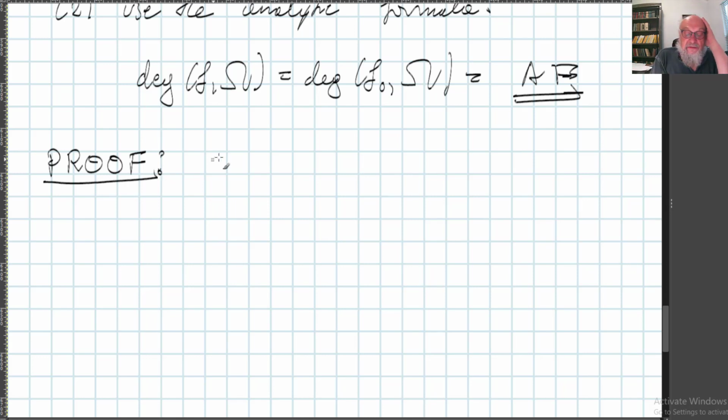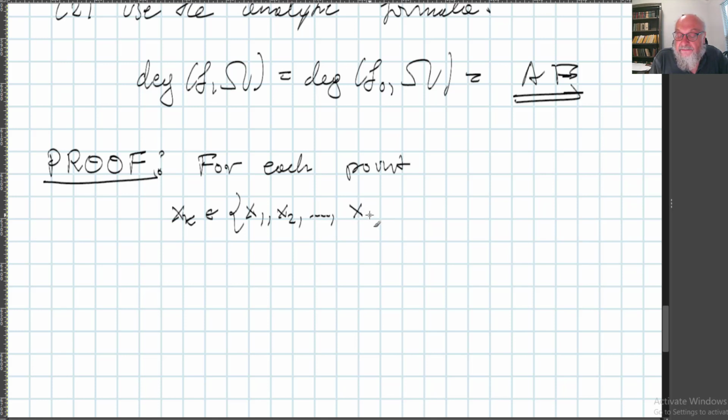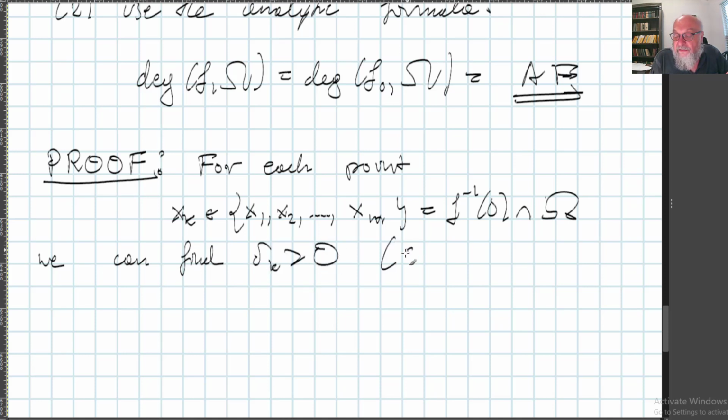Since we have here that this is a regular value, for each point xk belonging to this set x1, x2, ..., xm, which is equal to f^{-1}(0) in omega, we can find delta k larger than 0, and this is by the lemma.